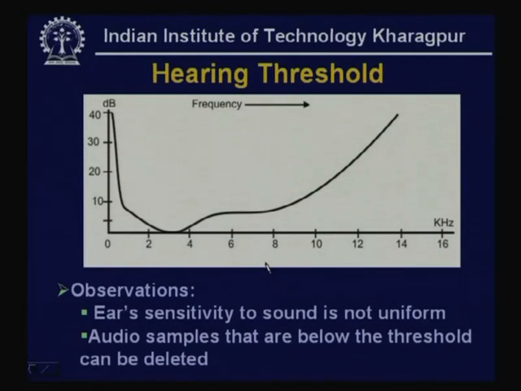Let us see the hearing threshold of the ears of a normal person. As you can see, this is the frequency range, 0 kilohertz to 16 kilohertz, and over this range, 2 kilohertz to 4 kilohertz is the region where our ear is most sensitive, and attenuation increases as we go towards lower frequency as well as towards higher frequency.